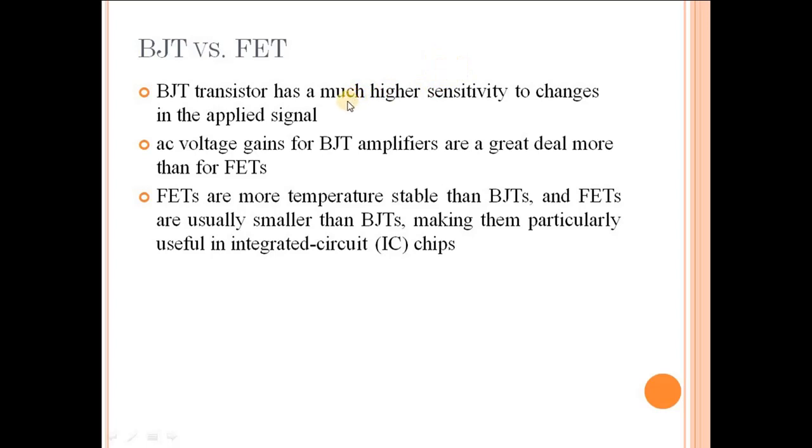Even for a small change in the input signal, the change in output will not be as much as in the case of BJT for a similar input signal change. And this very feature of the BJTs, the very high sensitivity to change in input signal, makes BJT amplifiers have very high voltage gains as compared to the voltage gain that we get out of FET based amplifiers.